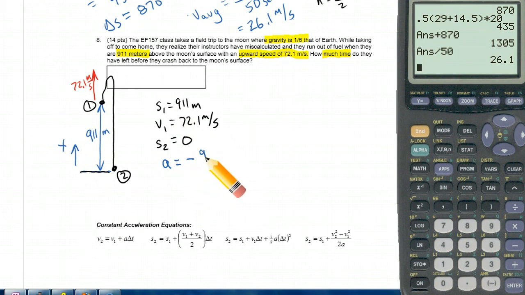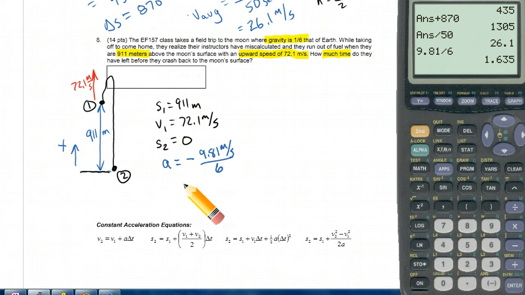Minus 9.81 meters per second squared divided by 6. That's 1.635. Alright, we need a constant acceleration equation that has time in it, that does not have V2 in it. Don't care about how fast we hit.